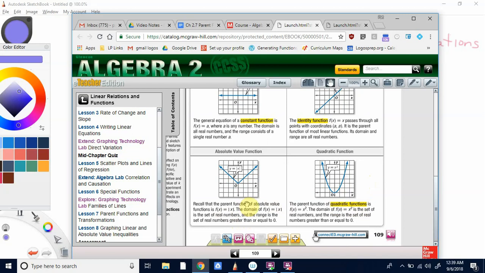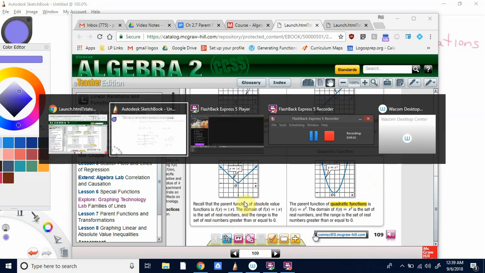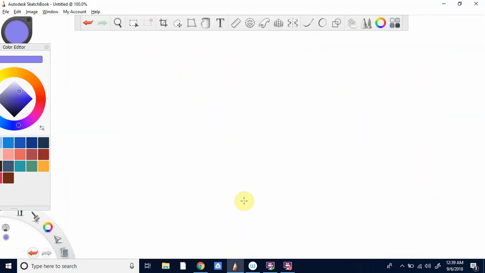There's one more that's not on our list. I'm going to draw it out for you. It's the cubic function, and I put a picture of what a cubic function is on the last page. It's going to do this, except they give you a really big definition. But the parent function is x cubed.